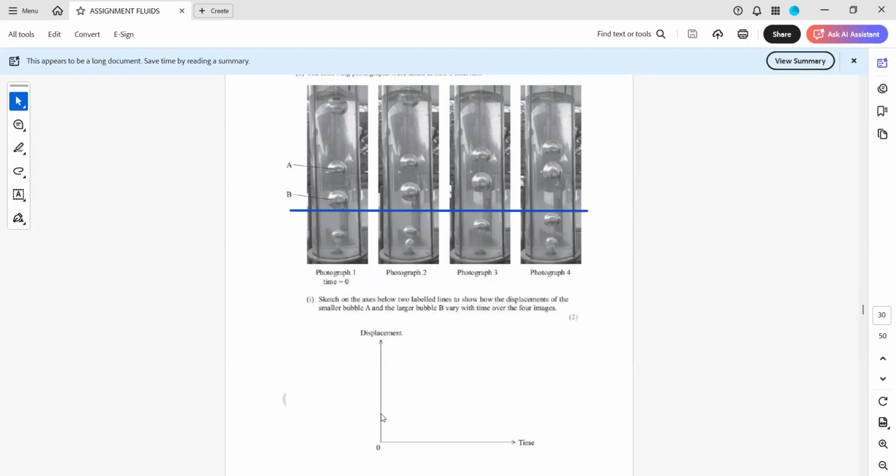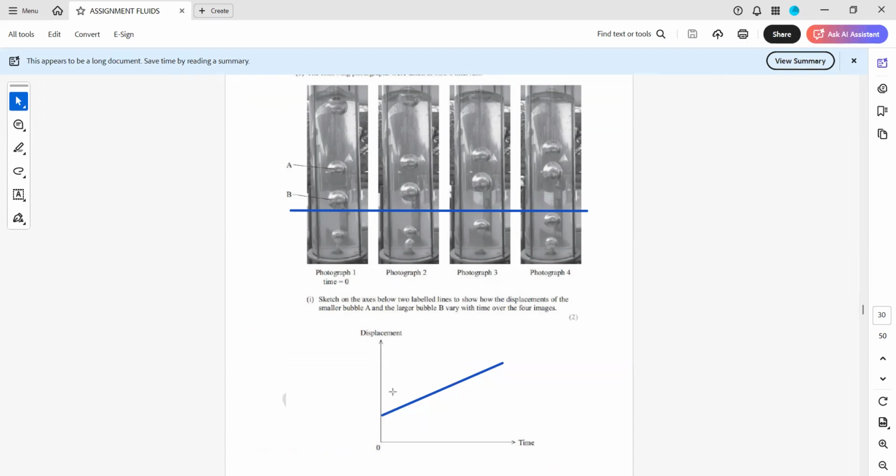It has some displacement above the origin, and it is going up, accelerating constantly because of the upthrust and drag. If I sketch the displacement of these bubbles on the axis, it means it has a constant velocity.